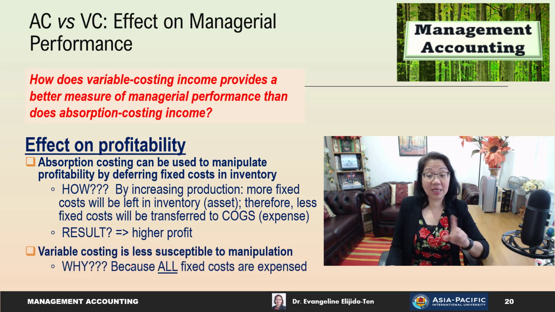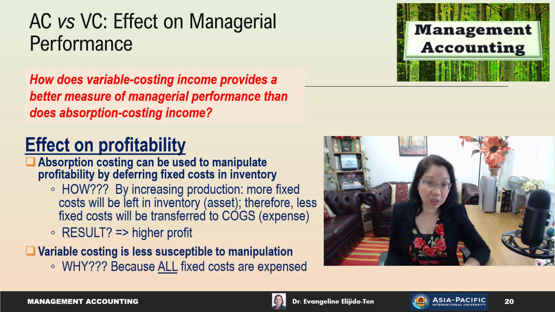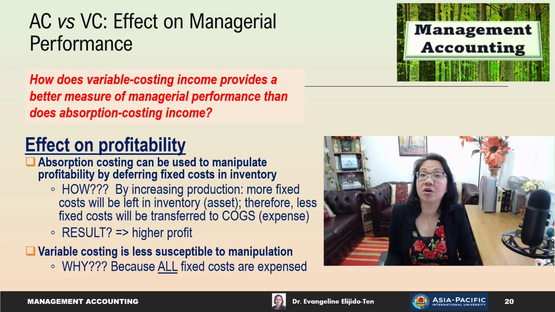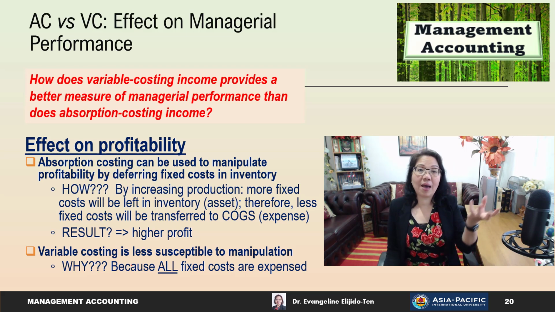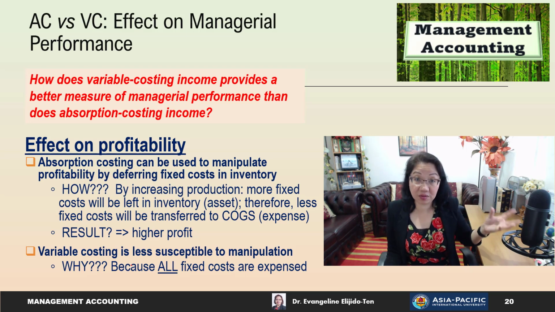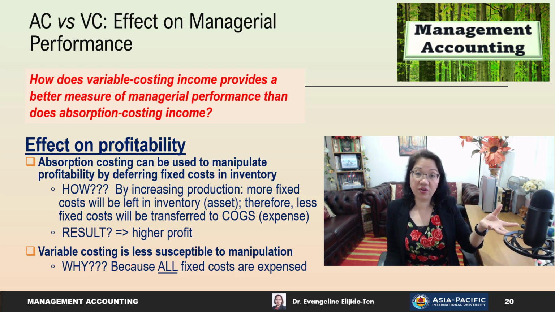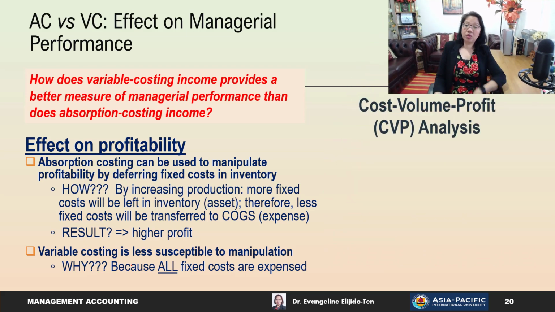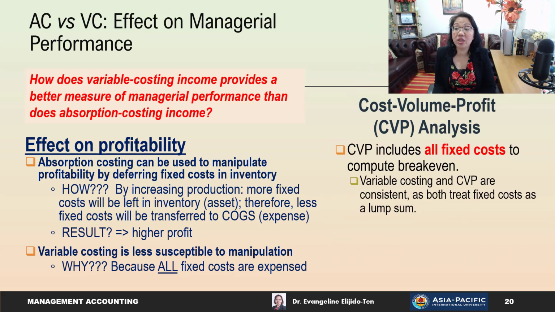Variable costing is less susceptible to such kind of manipulation. Why? Because all fixed costs are expensed out in the period in which they are incurred. There will be no capitalizing of this fixed manufacturing overhead cost in the inventory. Also, variable costing is consistent with cost-volume-profit analysis. So CVP includes all fixed costs to compute the break-even.